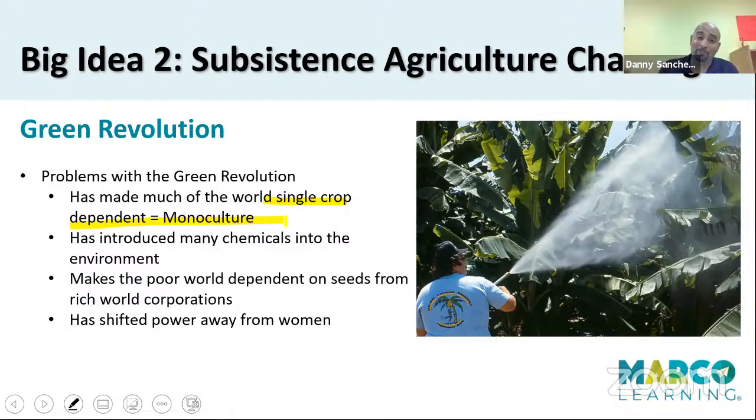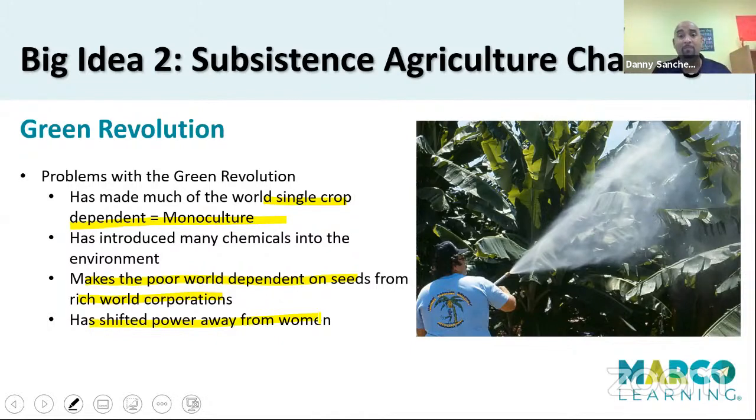Also, financially it creates this dependency, makes the poor world dependent on seeds from rich world corporations. So that relationship is almost like neo-colonialism, where the poor world has to depend on the rich world in order to sustain itself. And again, I always say things come back to gender issues, it has shifted power away from women.